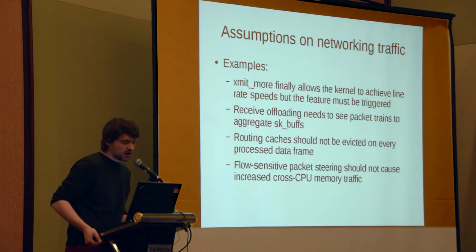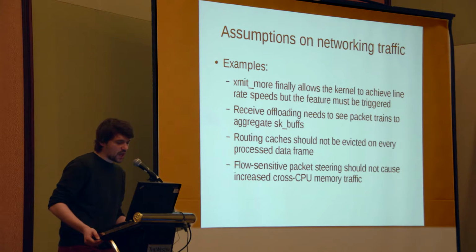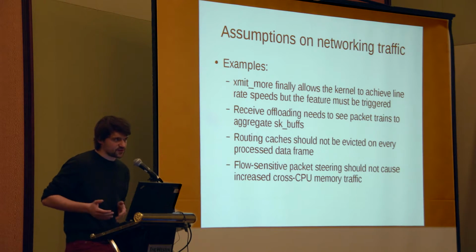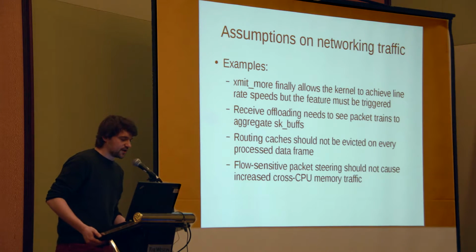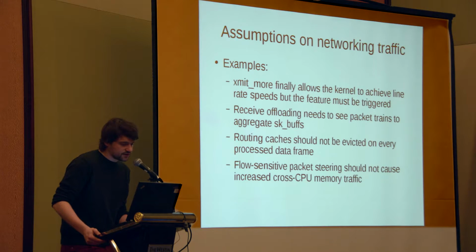One is xmit-more. xmit-more allows us to not do the MMIO barrier or MMIO write on all SKBs we transmit out of a specific interface, but we can batch them and, for example, send 5 packets at once with only one time touching the expensive tail pointer.